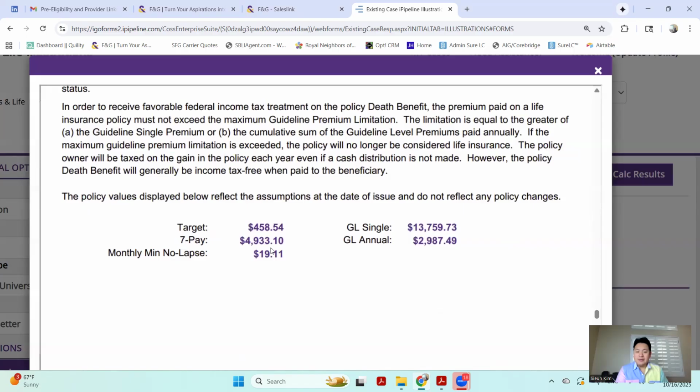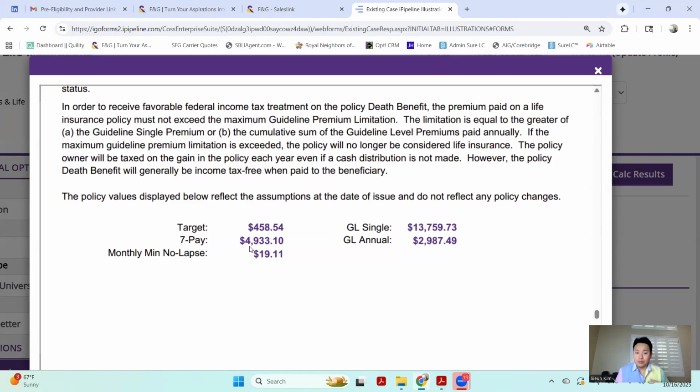If you take a look at this, 7 pay. 7 pay, it says how much? $4,933. The 7 pay premium is the maximum amount the client can pay in a year for the first 7 years. So the client can only pay up to $4,933 a year.